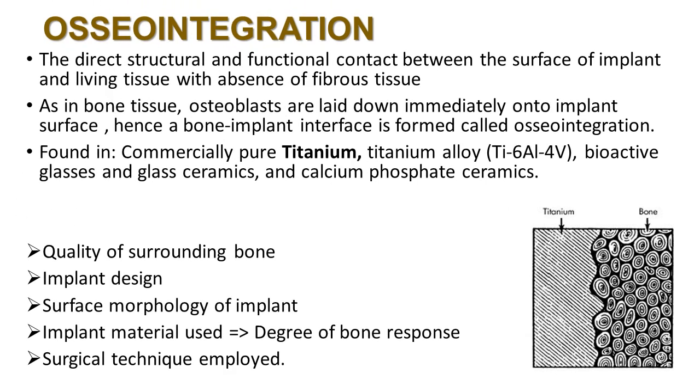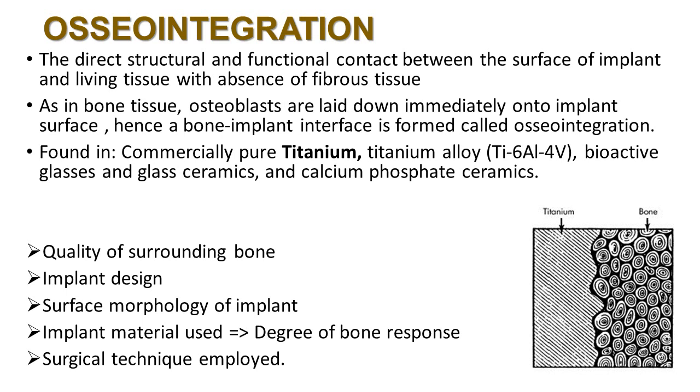A very important term, osteointegration, is basically the fundamental of implant success and implant to bone bonding. It is defined as the direct structural and functional contact between the surface of the implant and living tissue with the absence of fibrous tissue.